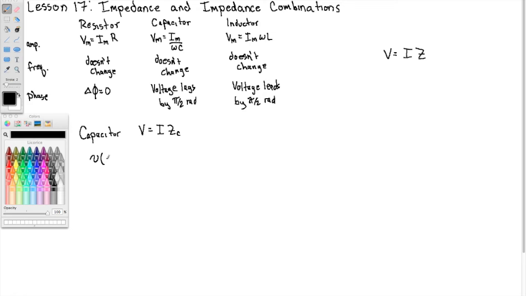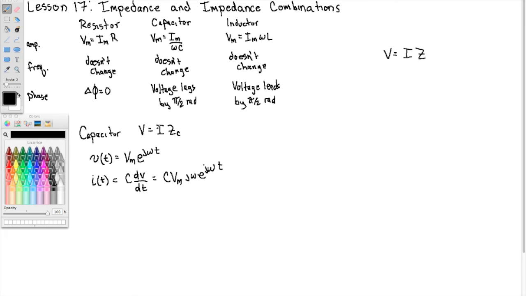Let's suppose the voltage across a capacitor was Vm e to the j omega t. Remember, that's a sinusoid. Well, we know, again, that the current must be C dv dt. Right, so this turns out to be C, and if I take the derivative of the voltage, the j omega comes down in front from the chain rule, and I get this.